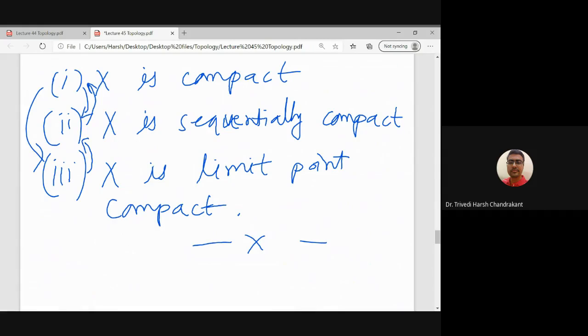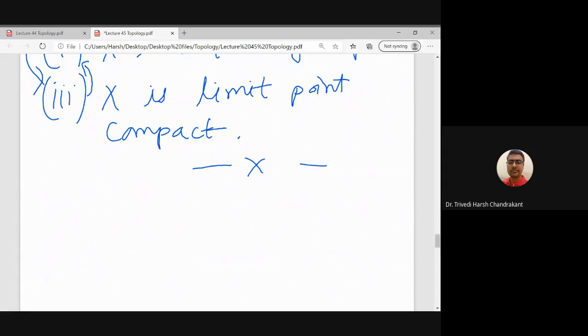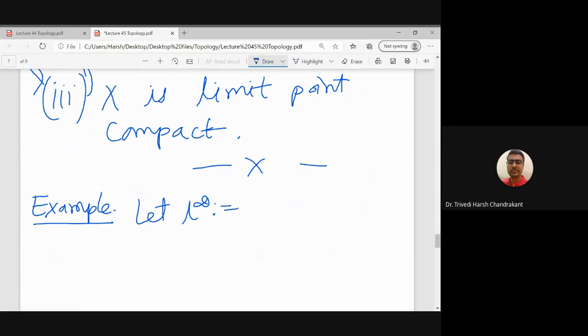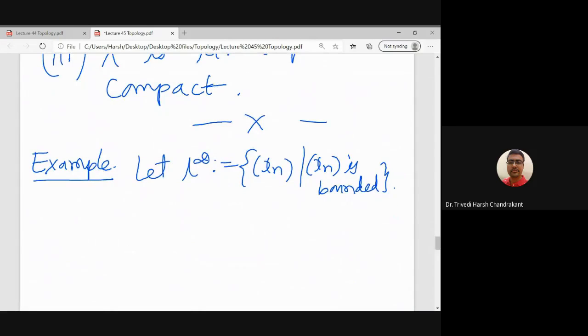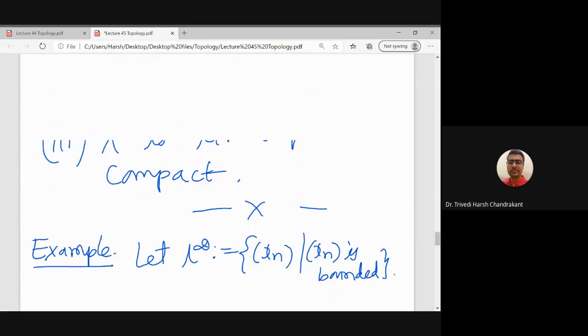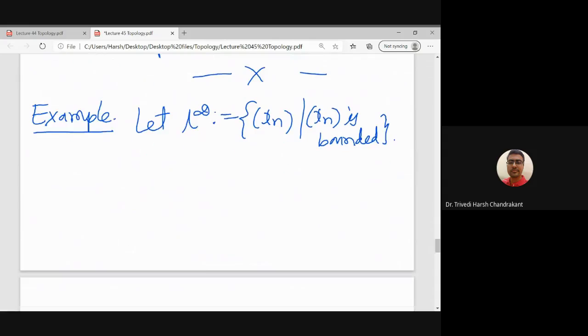So let us see one example which is not limit point compact in the case of metric space. So we consider an infinite set. You must have studied this set in functional analysis, that if I consider the sequence xn, where each sequence xn is bounded, right? So that means the terms of xn are between two real numbers. If we are taking a sequence of real numbers, or of complex numbers, then the modulus is less than some fixed number for every term.